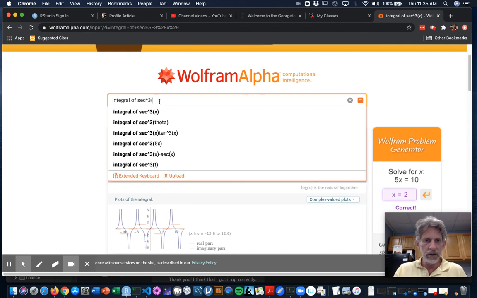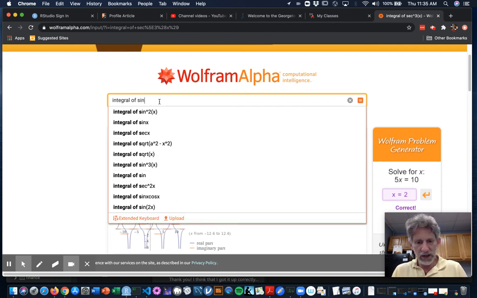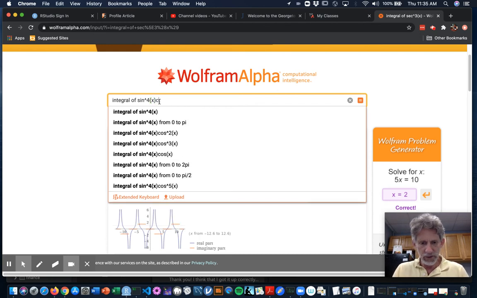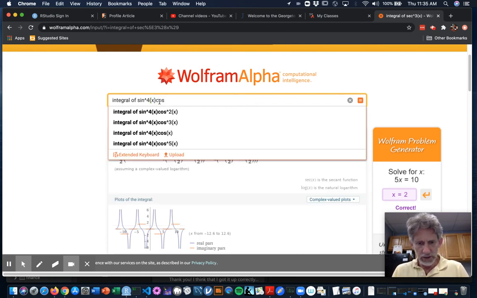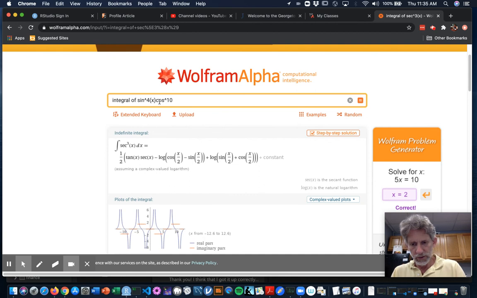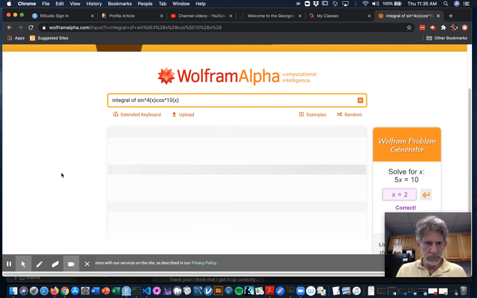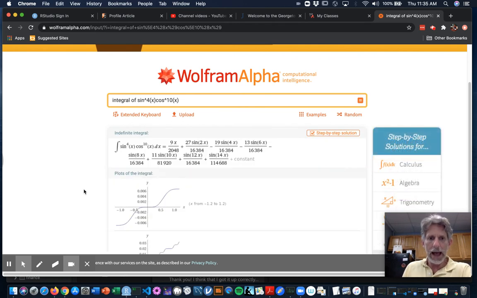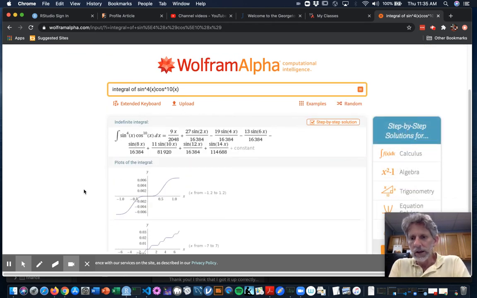Or what if you wanted to do sine to the fourth of x times cosine to the, I don't know, 10th of x? That would be horrible to try by yourself. Can it get it? Wow, yeah, it can. And it would take us all day and night to get that using various reduction formulas.